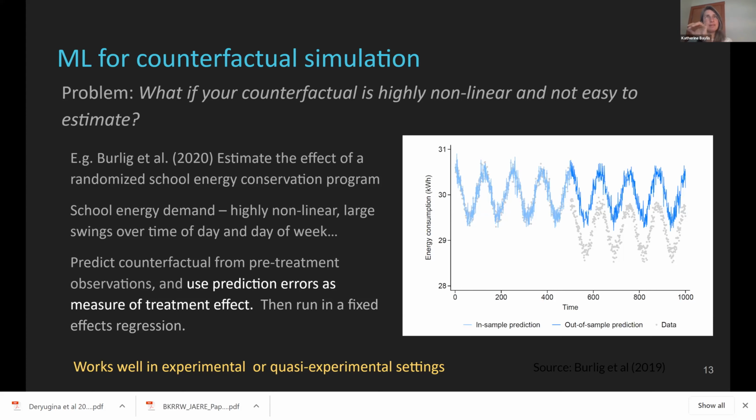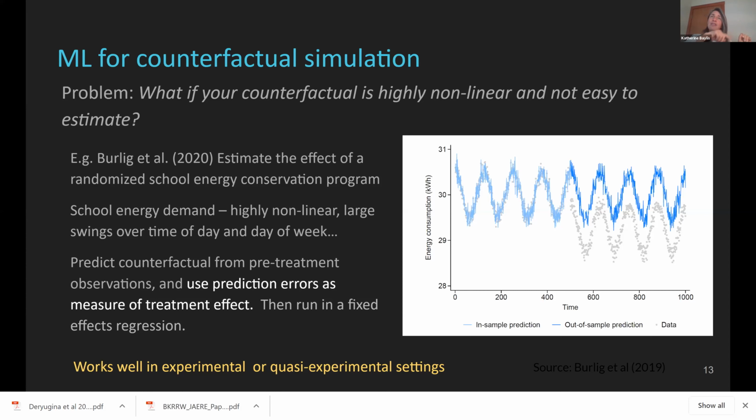They compare that prediction for the treatment units post-treatment to the prediction for the control units post-treatment, and as you would guess, those differences are essentially zero. There's essentially no difference between the randomized treatments' counterfactual and the control units post-treatment, which gives you some faith that this seems to be making sense.